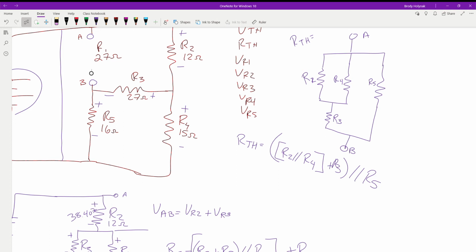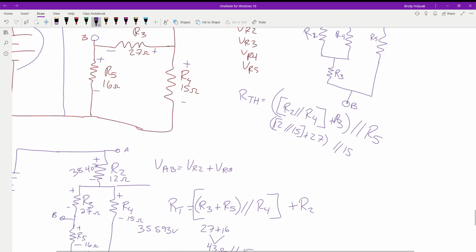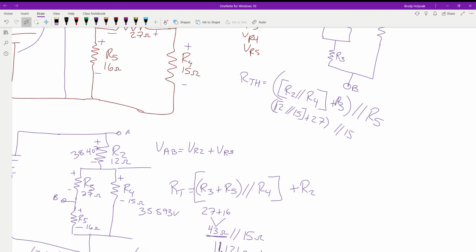So, put my marker down. We're going to have 12 ohms in parallel with 15 ohms. That's going to be added to 27 ohms. And then that's going to be in parallel with 15. So 12 in parallel with 15 gives us what? Okay.